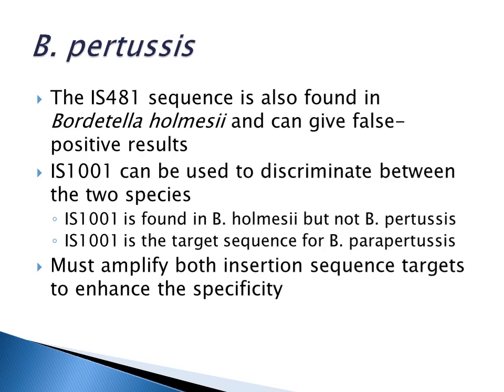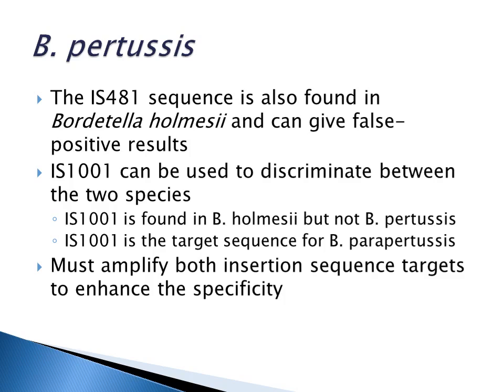The IS481 insertion sequence is used as a target to identify Bordetella pertussis. However, this same insertion sequence is found in another species of Bordetella, Bordetella holmesii. This can give false positive results.